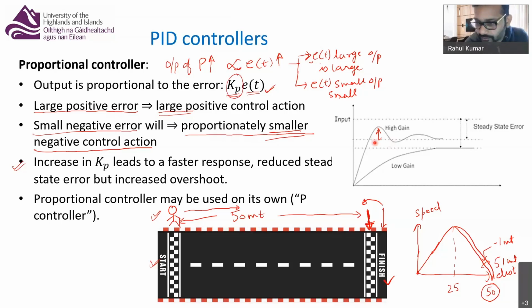So if you are running towards the finish point, you may cross the finish line. So there is a chance of overshoot in this case if you increase the value of Kp, right? Although if you increase the value of Kp, it will reduce the steady state error, right? It will bring your output closer to the desired level. It will try to reduce the steady state error, but there is a chance of overshoot.